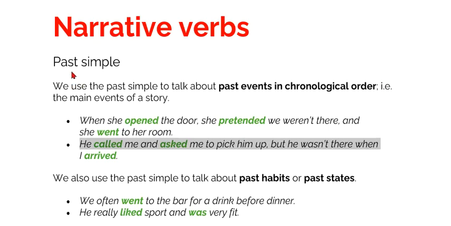The first verb tense that you can use in order to tell a story about something that happened in the past is past simple. We use the past simple to talk about past events in chronological order. What is chronological order?